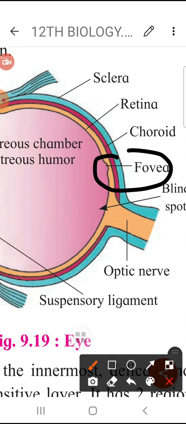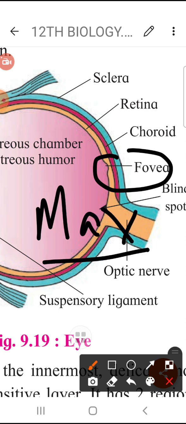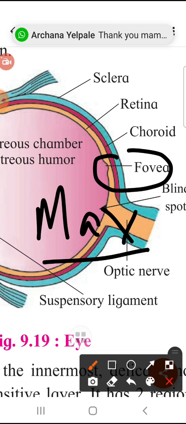You just remember fovea. Now what is the good quality of this fovea? इसके अंदर मैक्सिमम कॉन एंड रॉड सेल्स हैं. You have to just remember, this gives you the sharpest vision. So maximum density of the cone cells is present in this region.